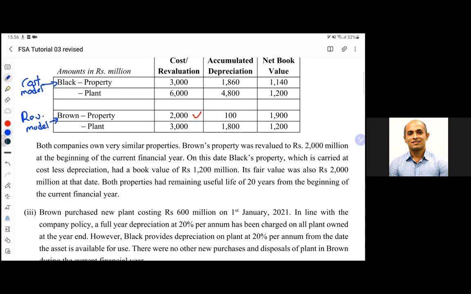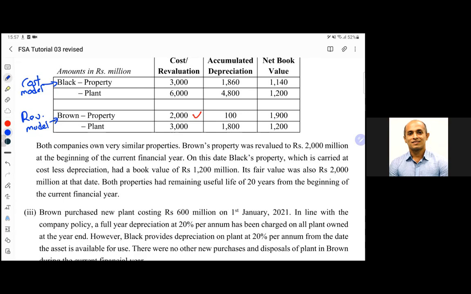Black follows the cost model, but Brown follows the revaluation model. So you need an adjustment here.